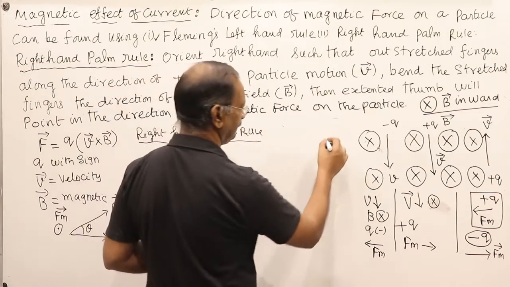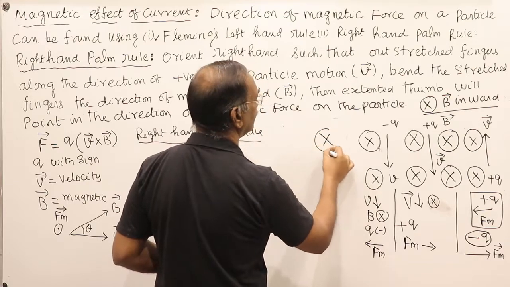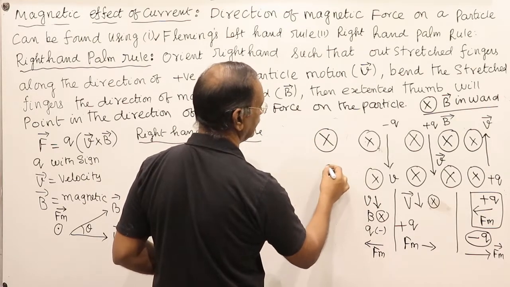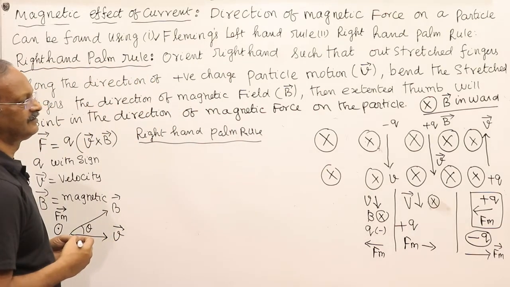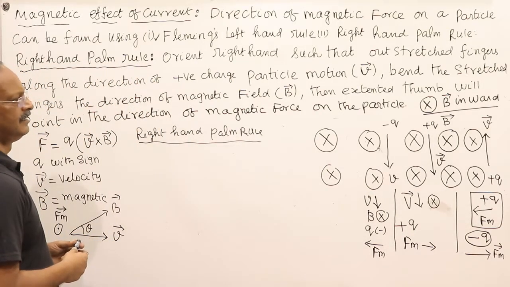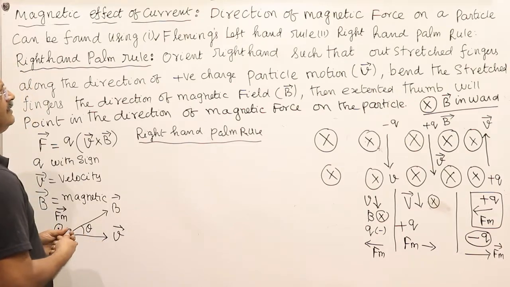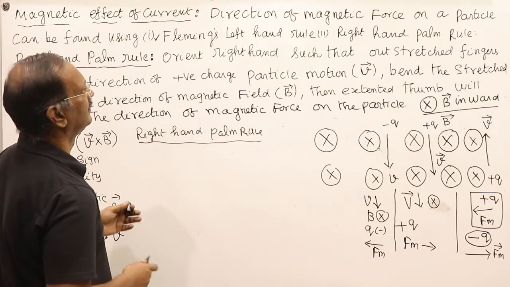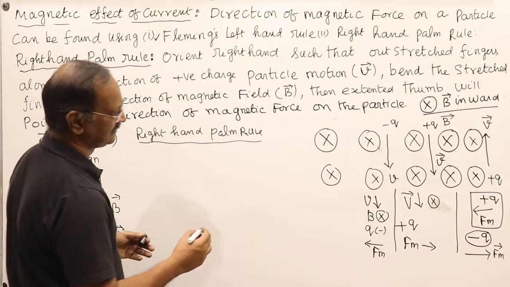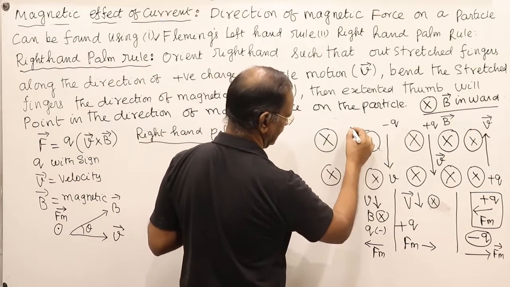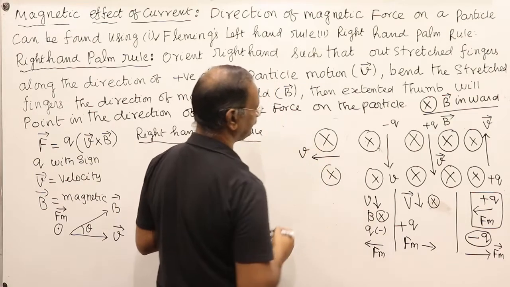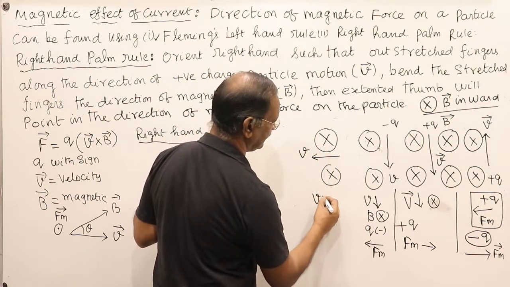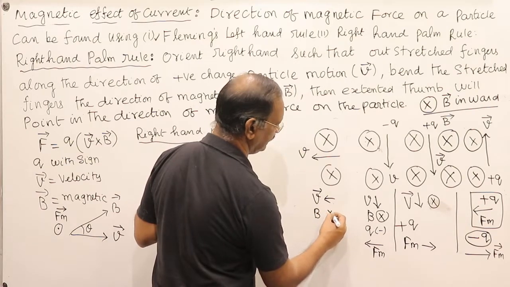That is, magnetic force is in this direction. So next one, let us see another example. First we have seen upward and downward. Now the velocity is in this direction, magnetic field is inward.